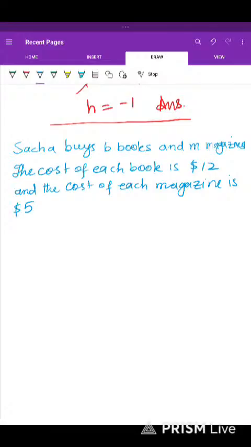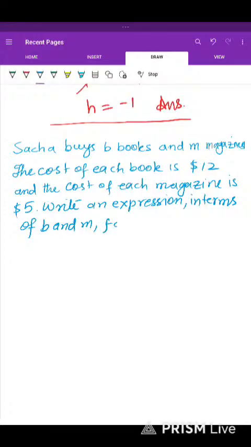So this is also a simple question. What is the demand of this question? The demand is to write an expression in terms of B and M for the total cost of the books and the magazines.